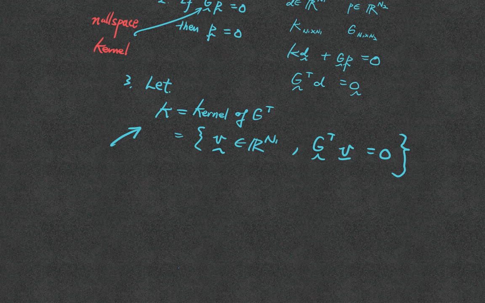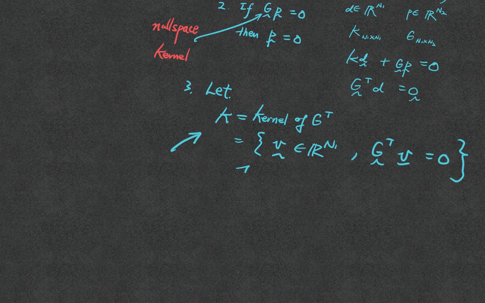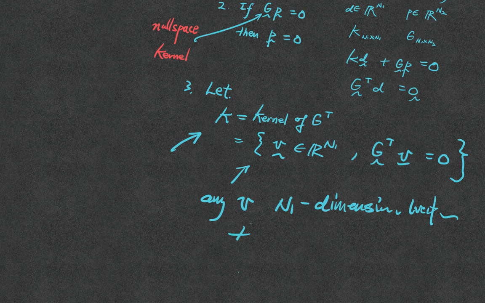It's simply the null space. Translated to English, it is any n-dimensional vector V that makes G^T V equal to 0. I don't care what it is. It could be 0, it could be something else. I just take the whole collection and call it the kernel of G^T. Do you understand that?